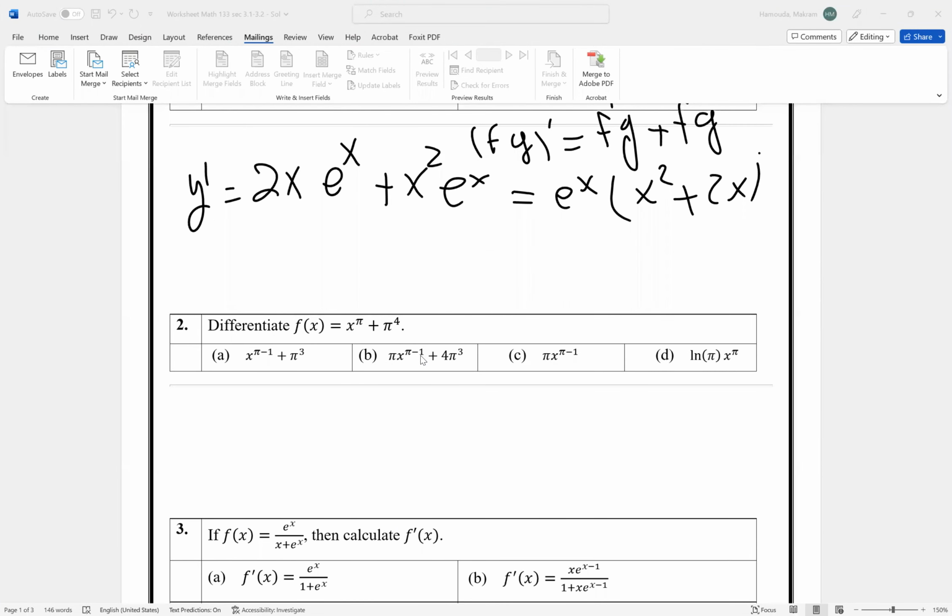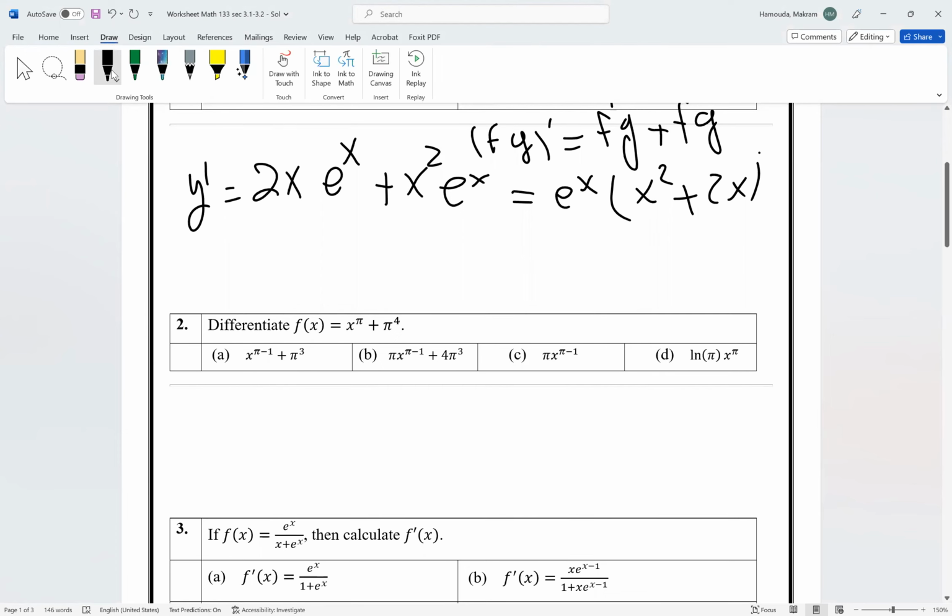If we use the rule of the sum of two functions, we observe that in the first function there is a variable x, but the second function is in fact a constant, like a number. So the derivative of the second part is equal to 0.